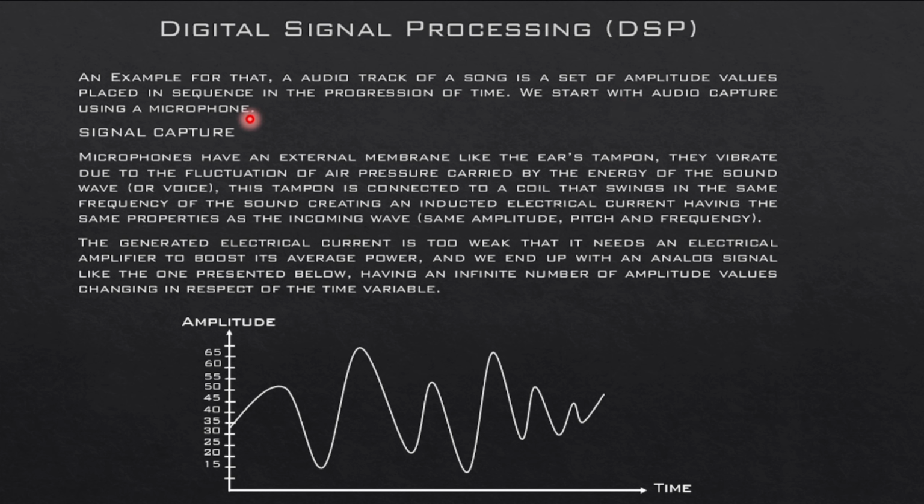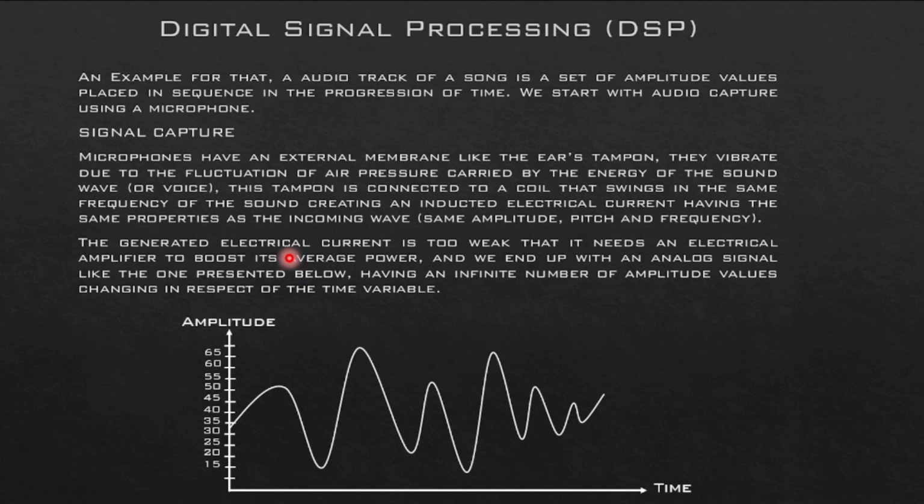So, for signal capture at first, microphones have an external membrane like the ear's tampon. They vibrate due to the fluctuation of air pressure around them, carried by the energy of the sound, which is the sound wave or voice. This tampon is connected to a coil that swings in the same frequency of the sound, creating an induced electrical current, having the same properties, which is the same amplitude, the same pitch, and the same frequency of the incoming sound.